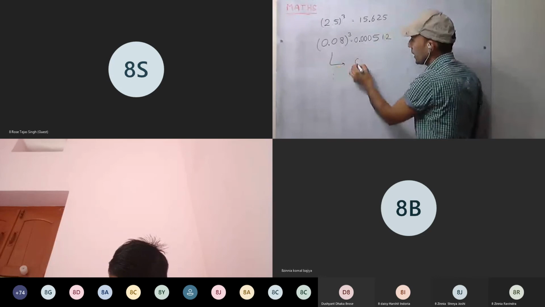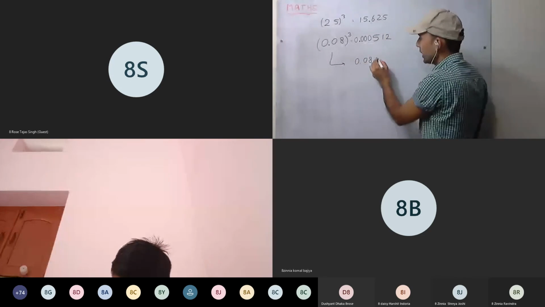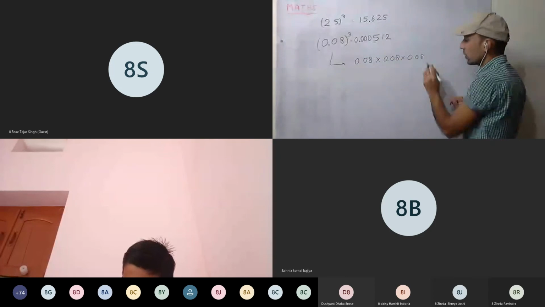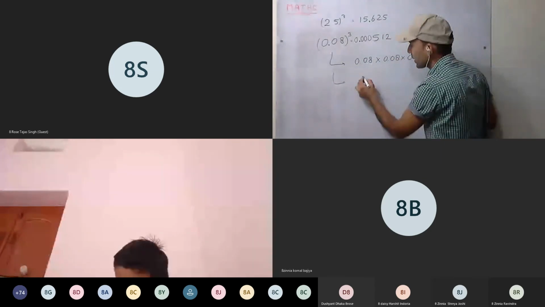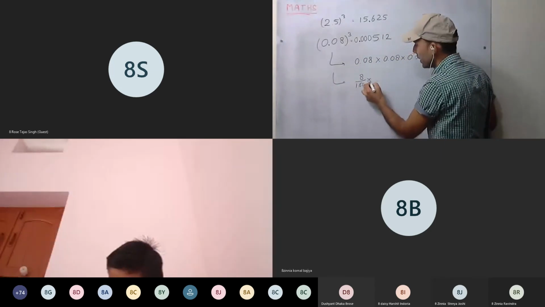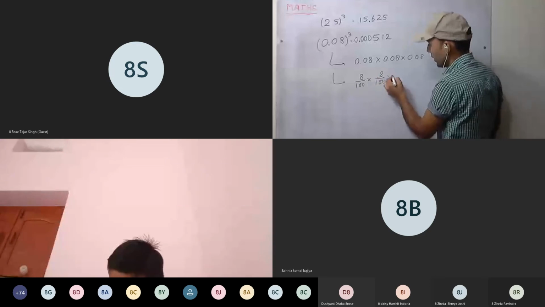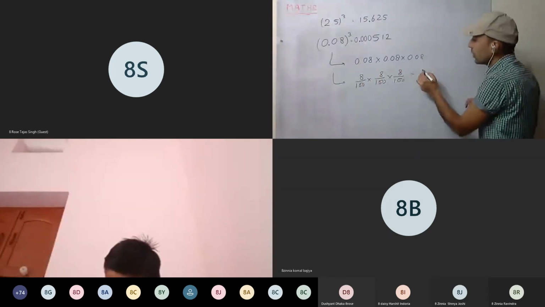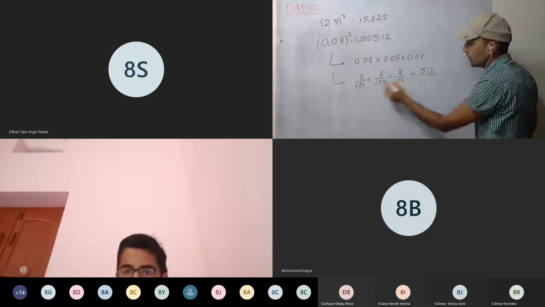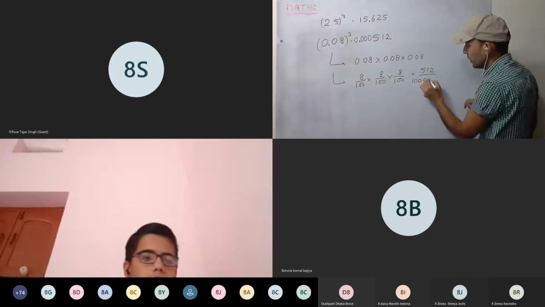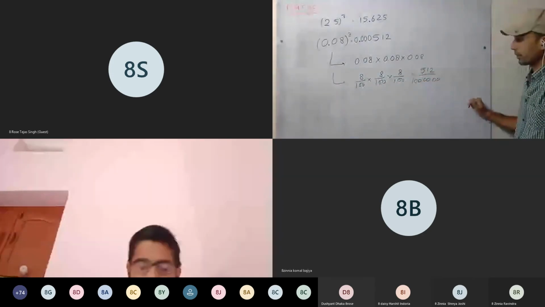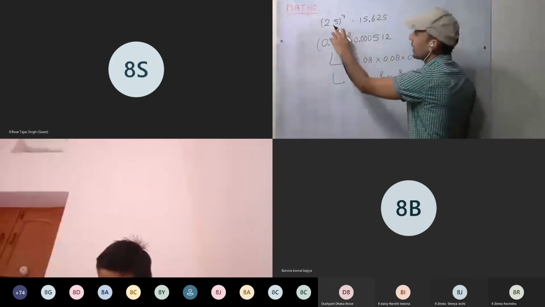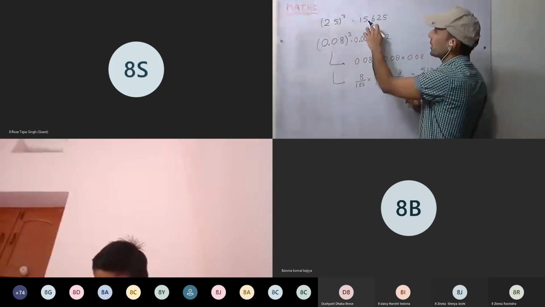So how we are going to do it? Either do 0.08 into 0.08 into 0.08, or you can write it as 8 upon 100 into 8 upon 100 into 8 upon 100. So 8 cube is 512 upon 6 zeros. Now see what is happening to the decimal. If it is 1 place, 3 places in the answer.